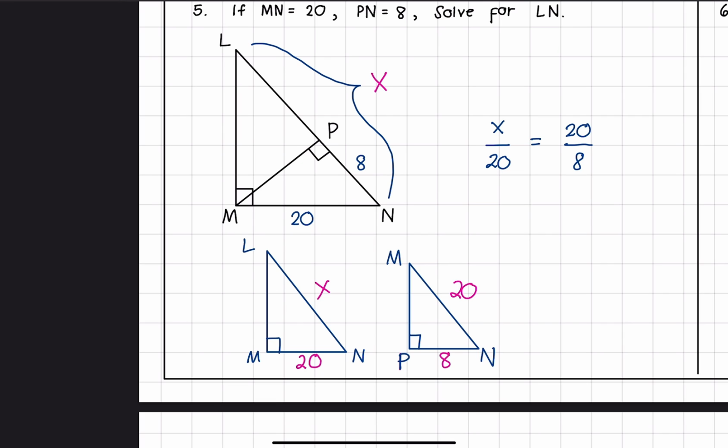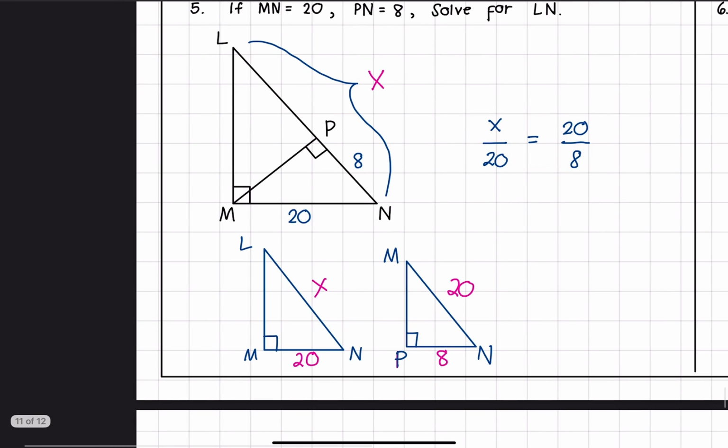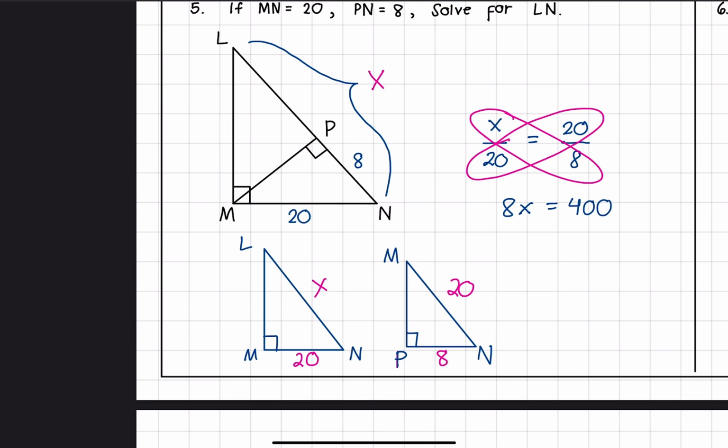Now that we have the proportion, we're going to solve for the value of X. Cross multiplication or butterfly method, X times 8 is 8X is equal to 20 times 20 is 400. Okay? So now solving for X, I'm going to divide both sides by 8.